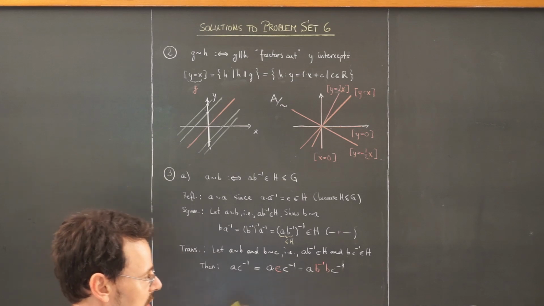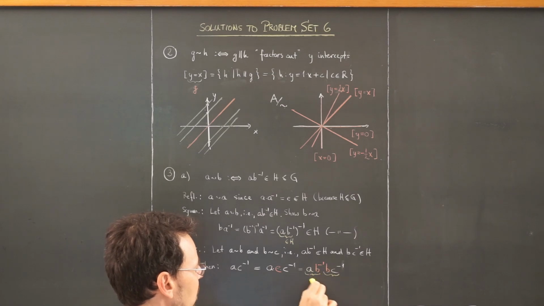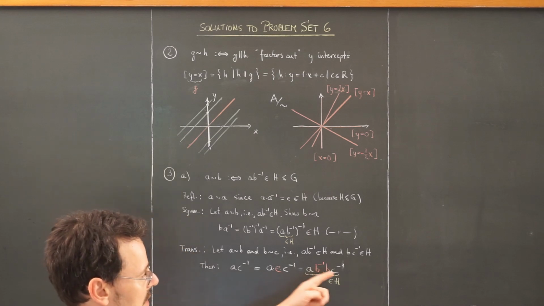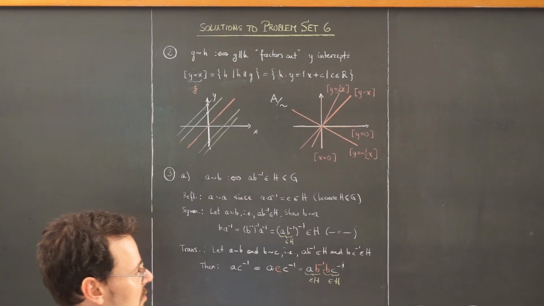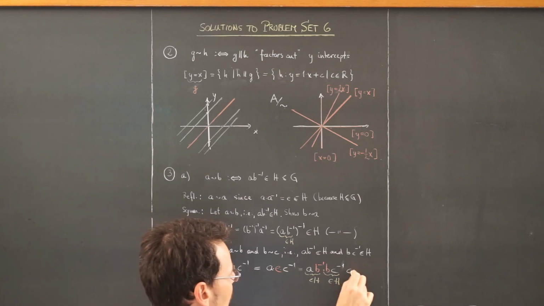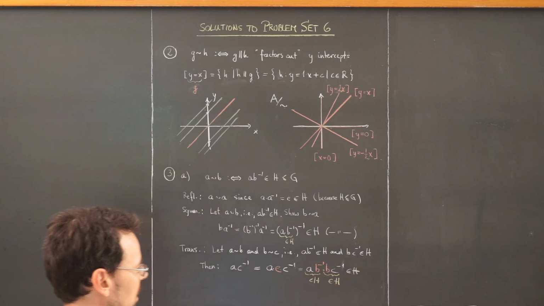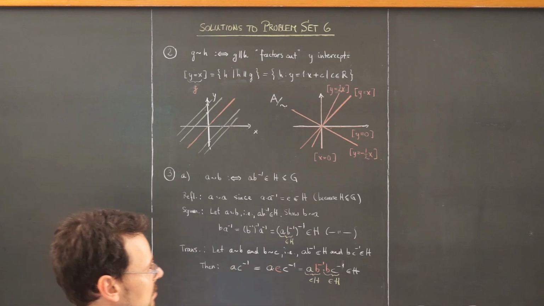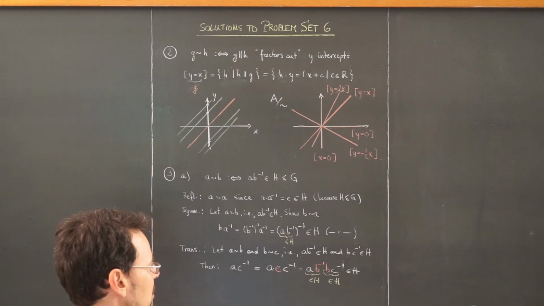Again, associativity, so no need to worry about parentheses. And now by assumption, both of those elements lie in H. So again, because H is a subgroup, this product lies in H, showing that actually A is equivalent to C. And again, you need to write down H is a subgroup.